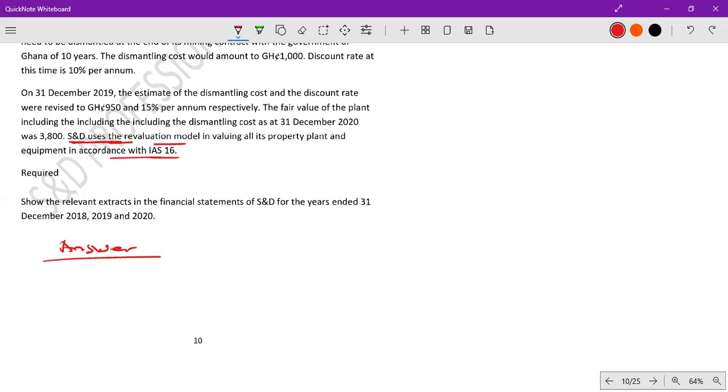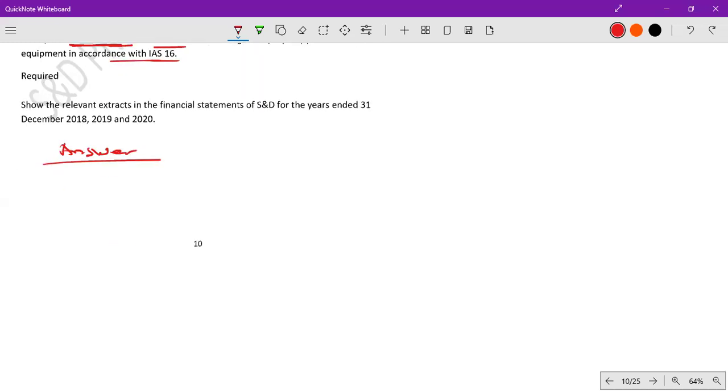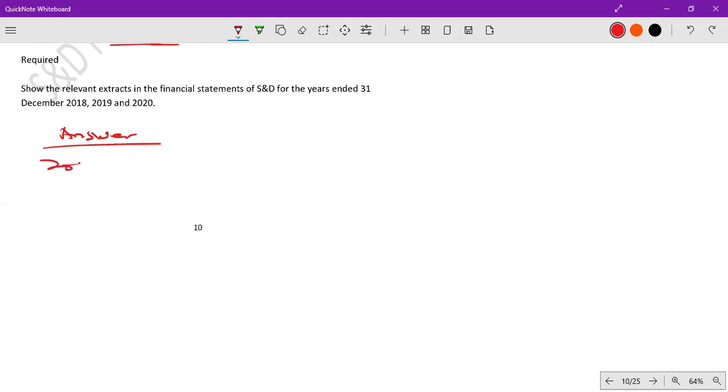Okay, so 2018. What will be the cost of the plant? 6,000 cedis.